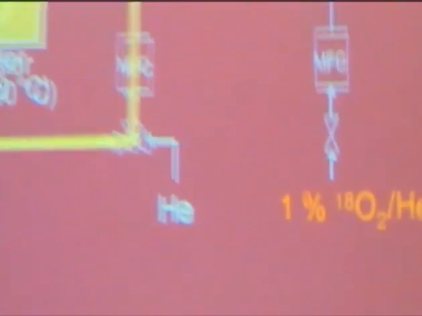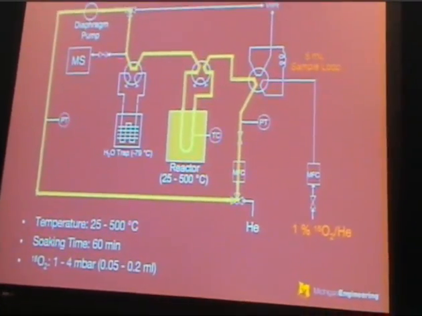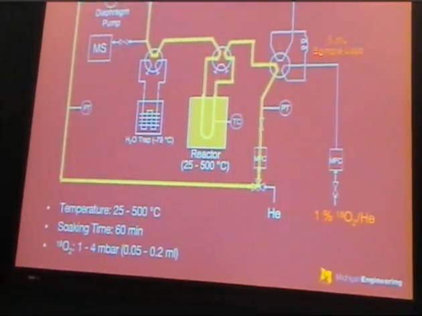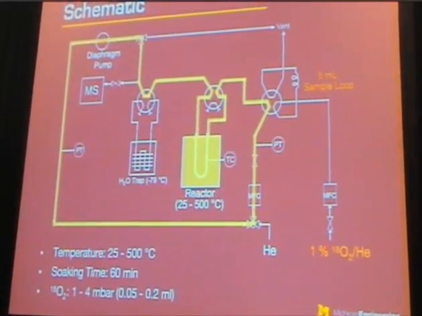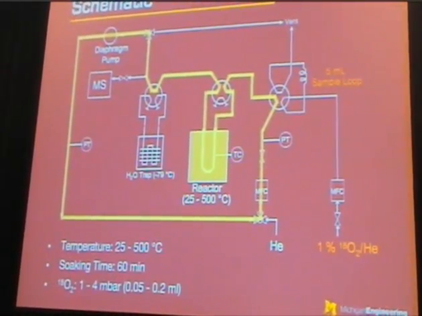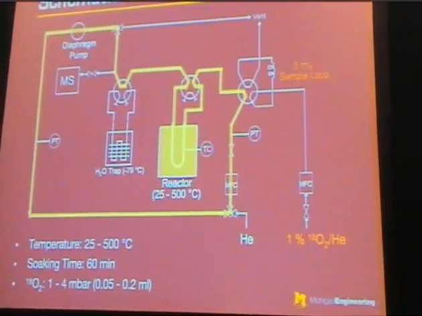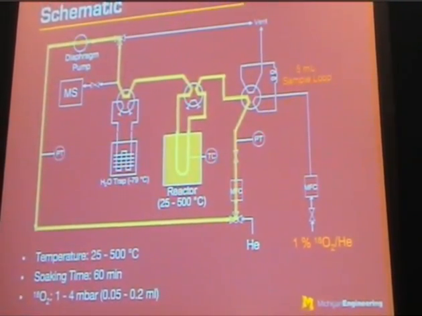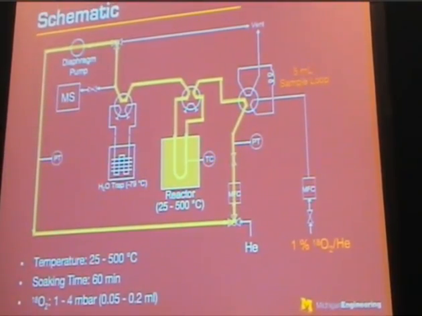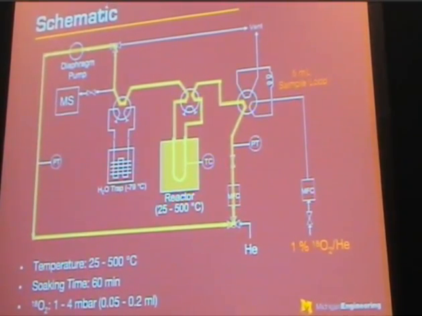As we recirculate the volume, we injected using the 5-6 sample loop about 1 to 4 millibar partial pressure of oxygen into the system and monitored how the level of each oxygen 16 and oxygen 18 changes in time on stream, as well as at different temperatures.